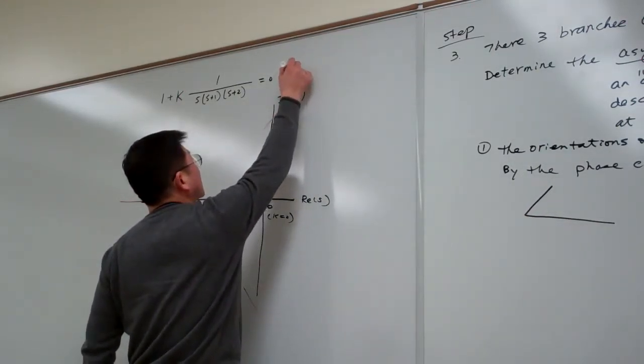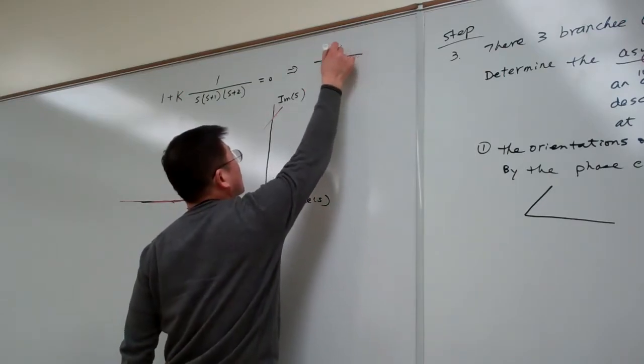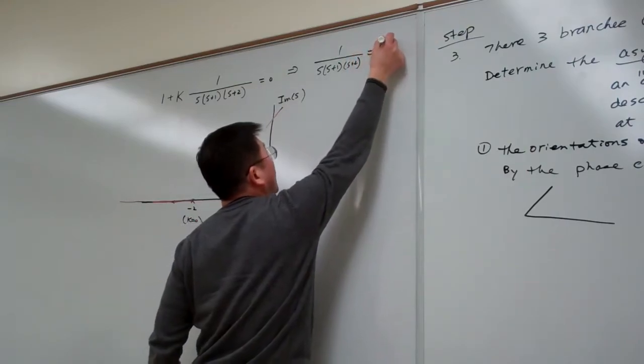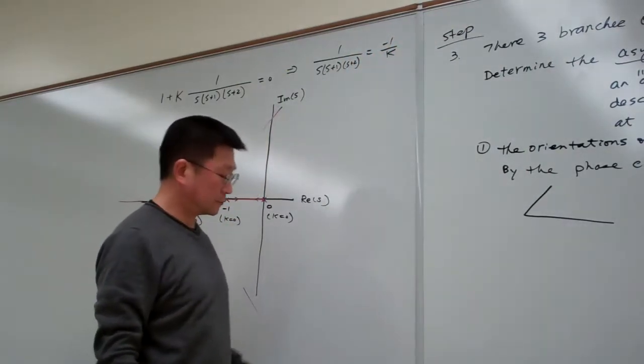Let me transfer it into this case: s(s plus 1)(s plus 2) equals minus 1 over k.